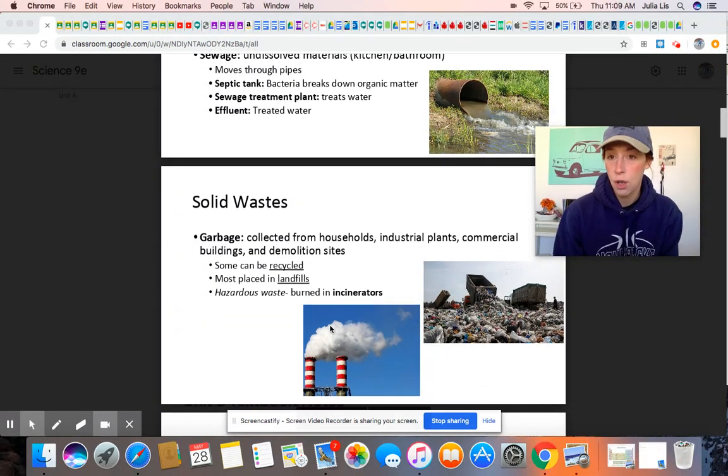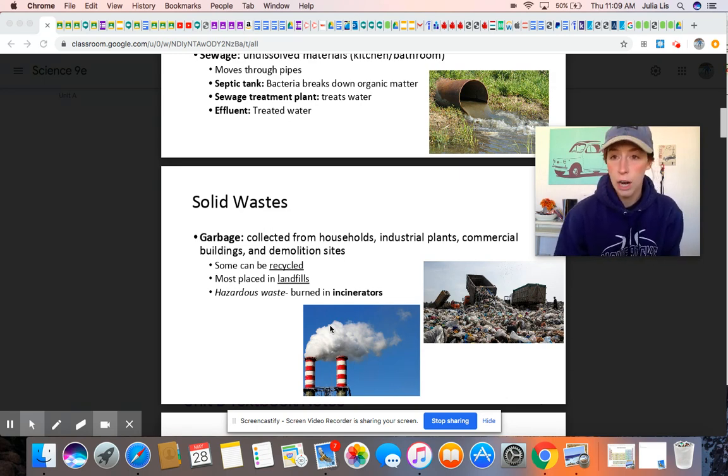A lot of our solid waste, we did talk about this also in Unit A when we looked at landfills and incinerators. So it's a little bit of a review because now we are looking at chemicals and the materials that we use and the importance of taking care of them and disposing of them properly.